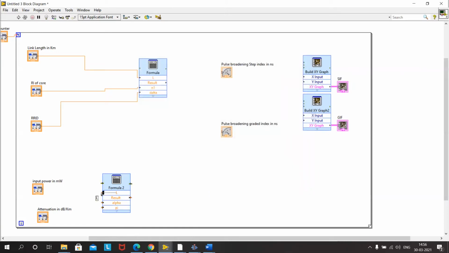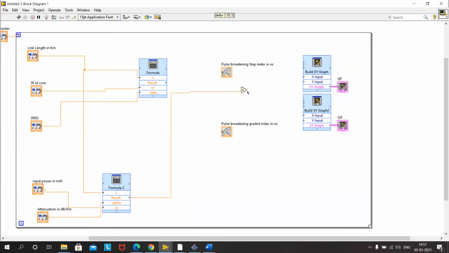Now connecting the values on the formula board to the input terminals. The product of the Gaussian term and the output power will give us the output. Now this pulse broadening that we are getting, the unit is in seconds. We need to convert it into nanoseconds.